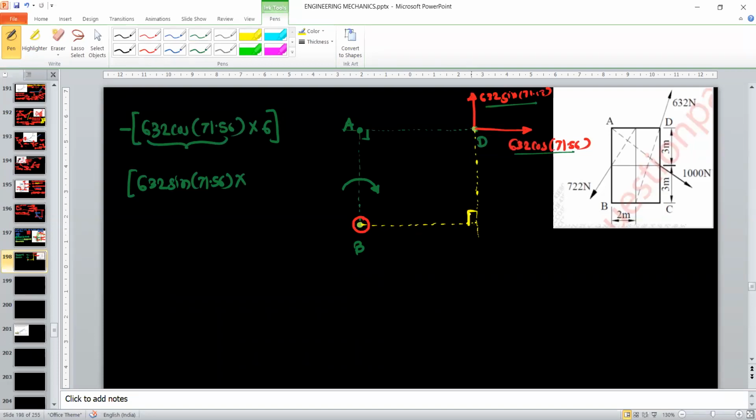So this is the perpendicular distance for this component, 632 sine 71.56, that is the Y component. This perpendicular distance is nothing but the distance BC, which is 2 plus 2, so this is 4 meters. Now just consider this component. Actually it is acting at point D, but we can consider that component at point C.